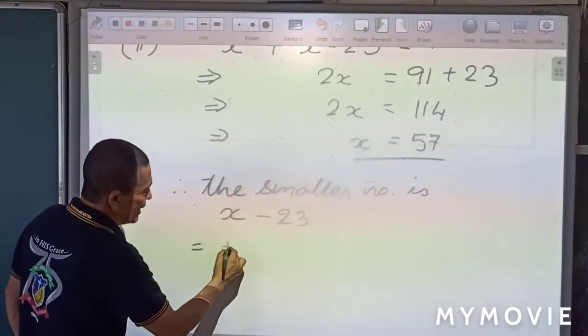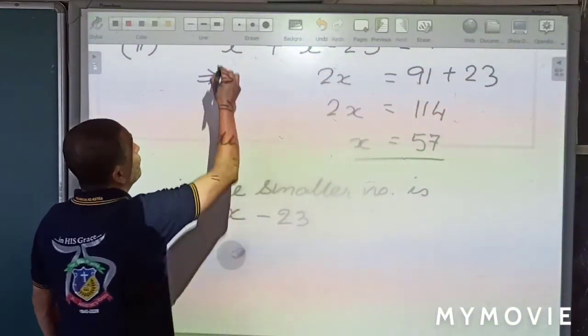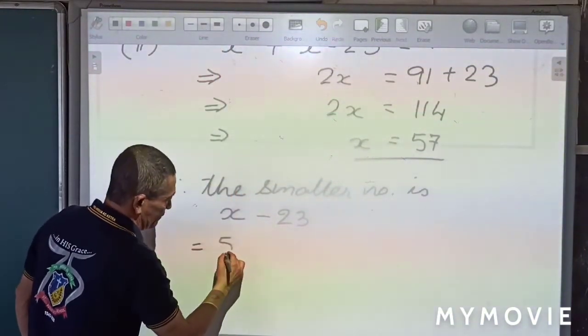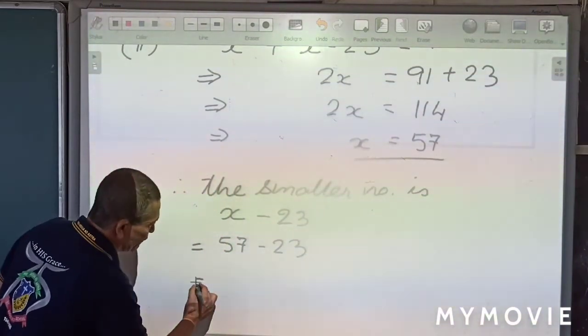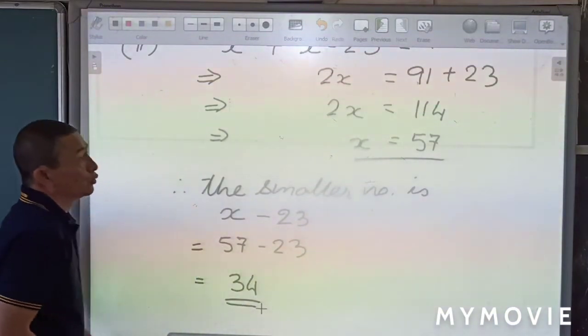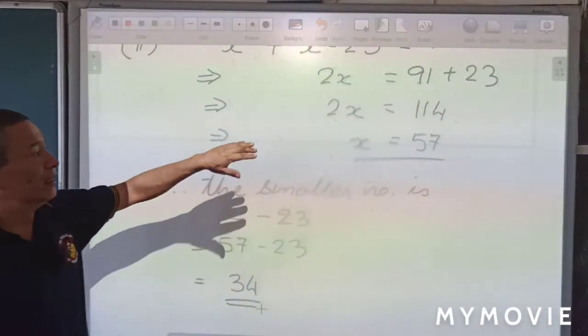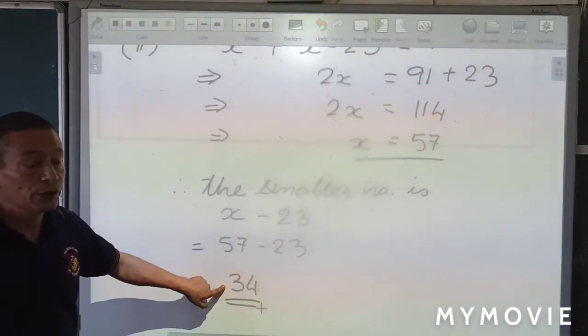Now what was x? x was 57. x was 57 minus 23. So that should give us 34. So now we know that the bigger number is 57 and the smaller one is 34.